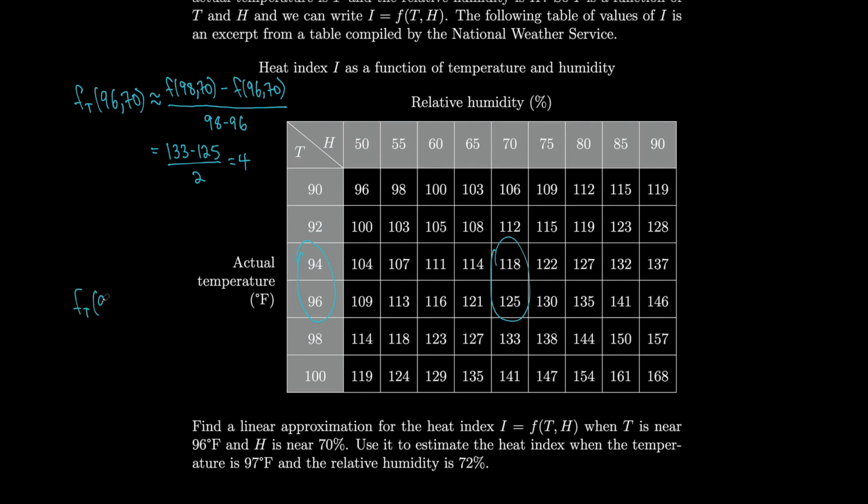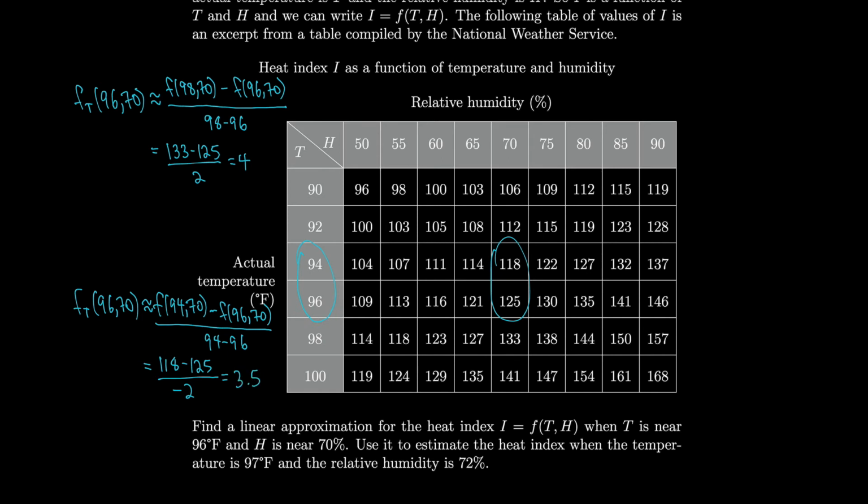So fT of 96, 70 is also approximately f of 94, 70 minus f of 96, 70 over 94 minus 96. So that's 118 minus 125 over minus 2, and the minuses cancel and just leave us with 3.5.